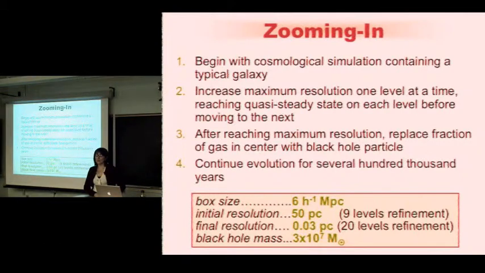Well, we impose a maximum resolution, so it's not going to fragment any further, and we impose a few different criteria on the maximum level of refinement. One, there's this artificial pressure support, and also we try to meet the Truelove criterion, which avoids artificial or numerical fragmentation in the code.